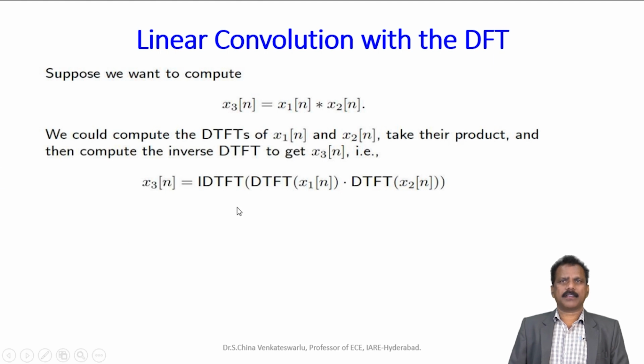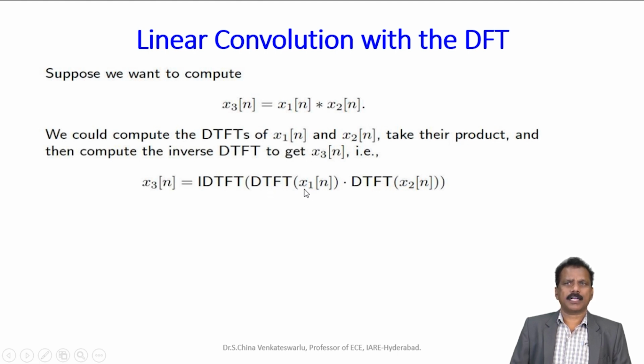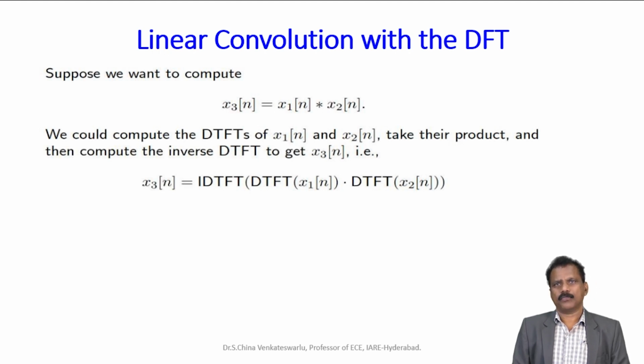That is, x3 of n is the inverse transform of the transform of x1 of n times the transform of x2 of n. We have to follow this step-by-step procedure and verify it.